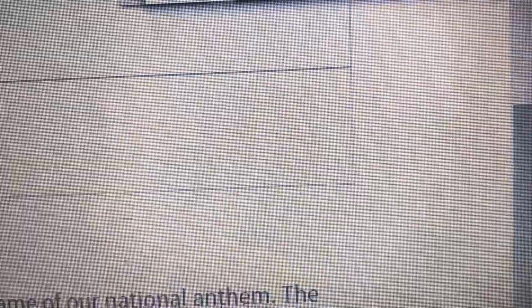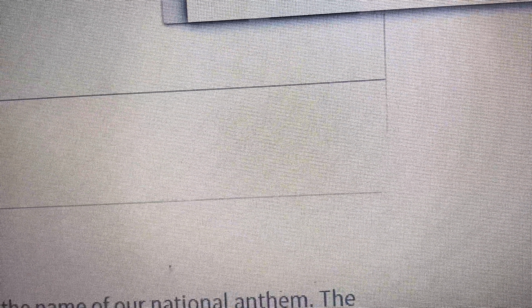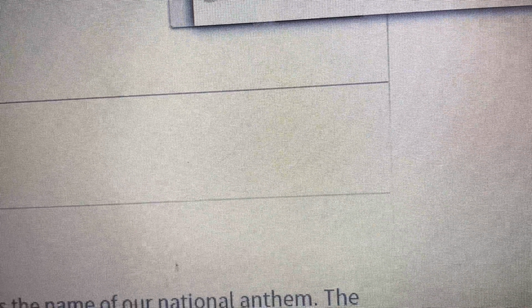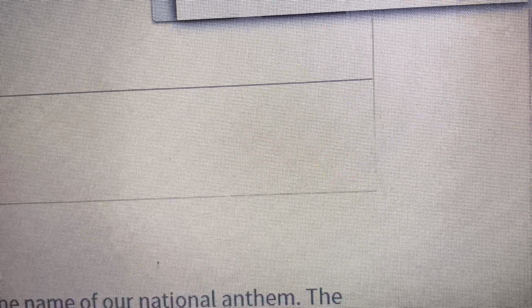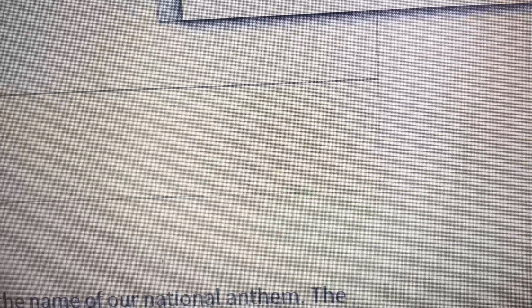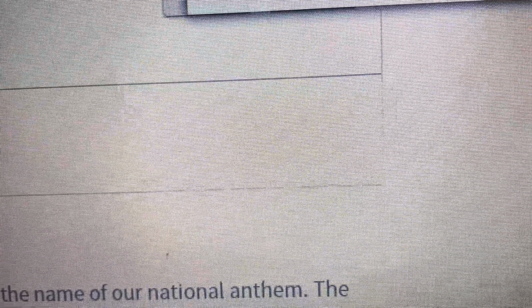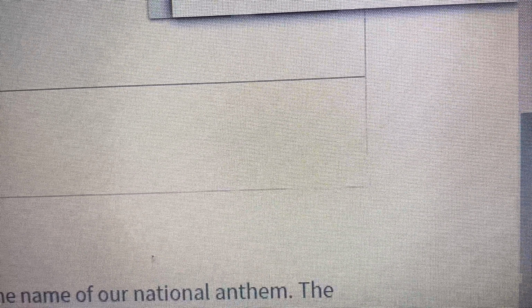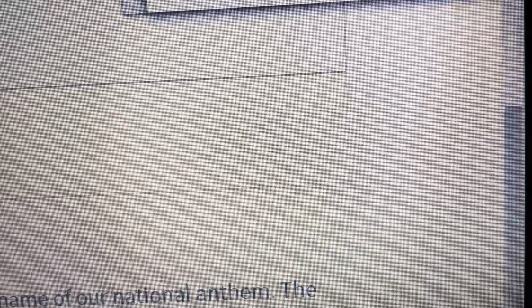The song is about the United States flag. In the War of 1812, the United States fought the British. One night during the war, British ships attacked Fort McHenry in Baltimore. Bombs exploded all night, and an American man named Francis Scott Key watched the battle from a ship.